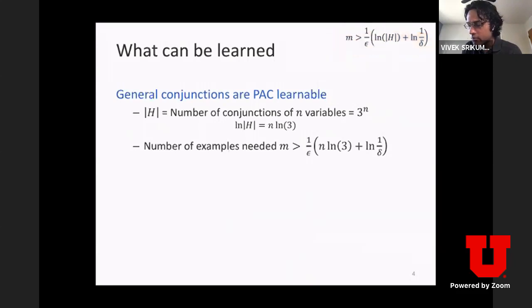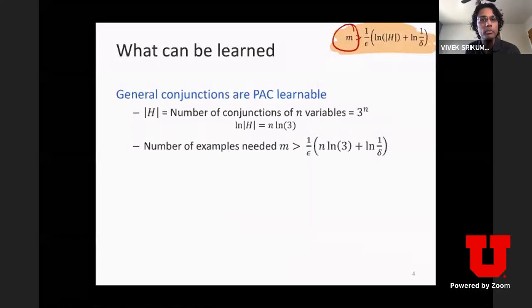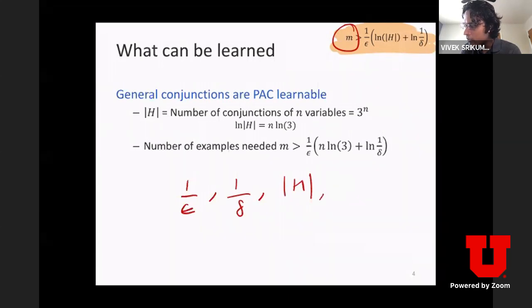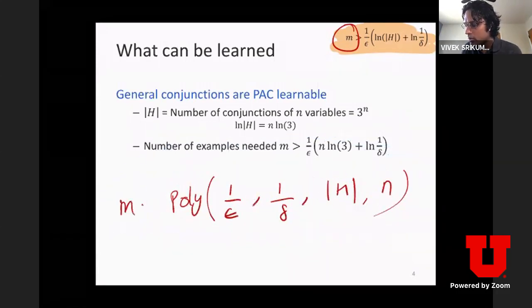Now, remember, the definition of PAC learning is really asking us to say, if the sample complexity is polynomial in 1 over epsilon, 1 over delta, size of H, and the dimensionality, here I'm using n for dimensionality, if the number of examples you need is polynomial in all these things, then we call that concept class PAC learnable.